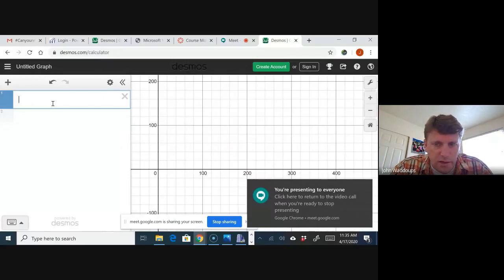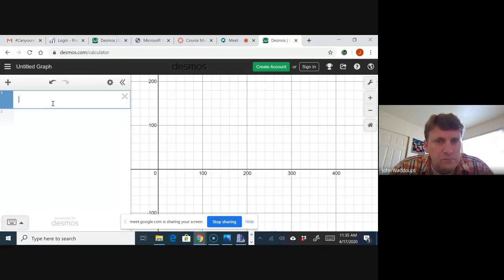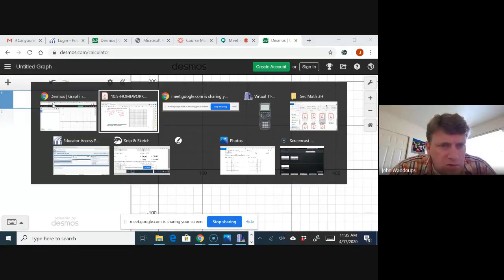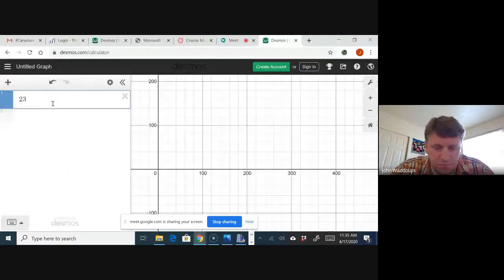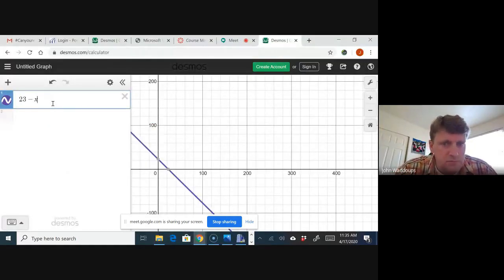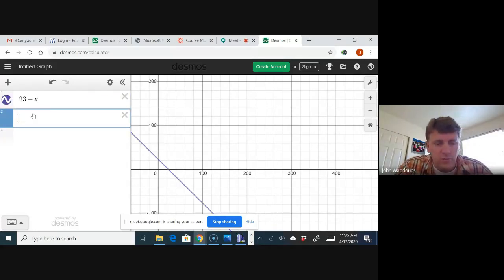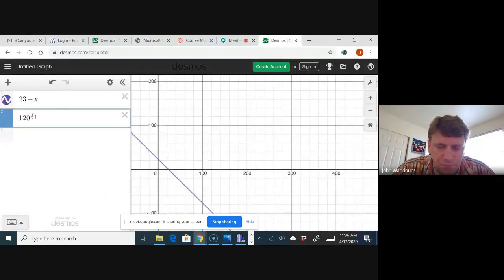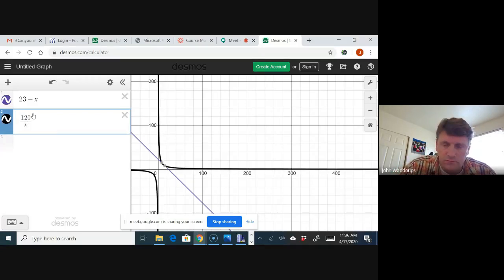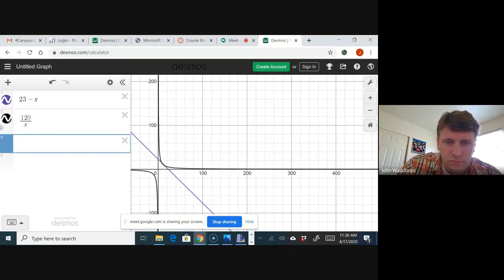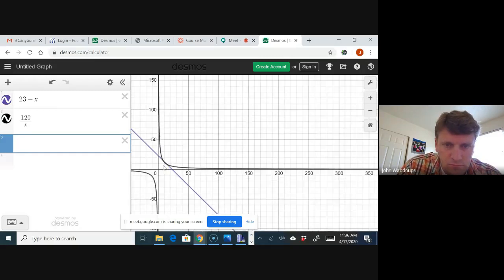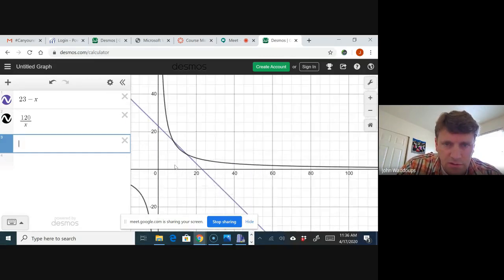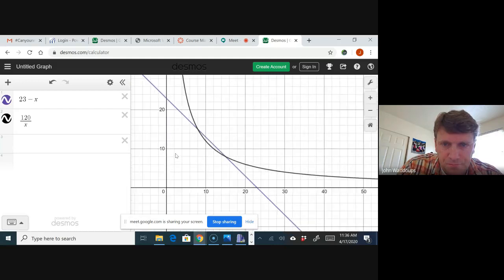So here, 23 minus x, and for the other one, 120 divided by x. So I'm going to zoom in where I can see a little better.